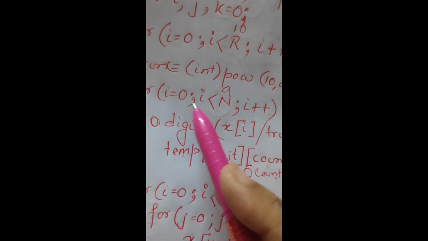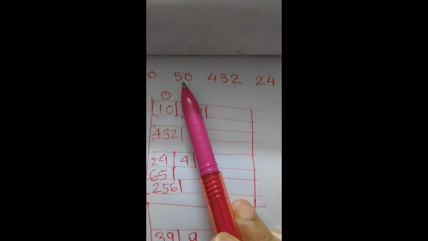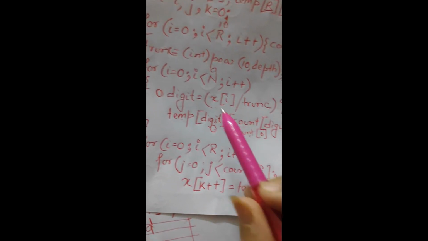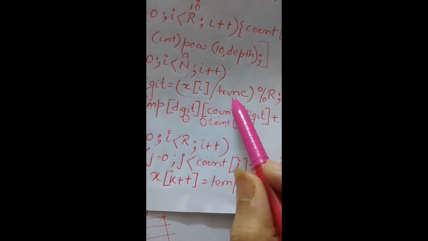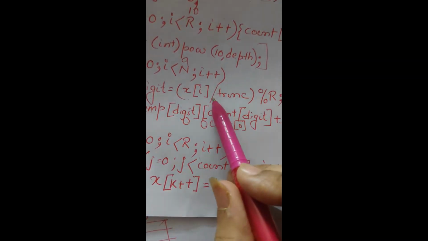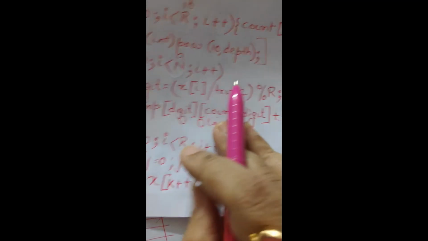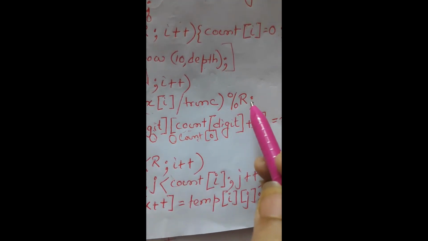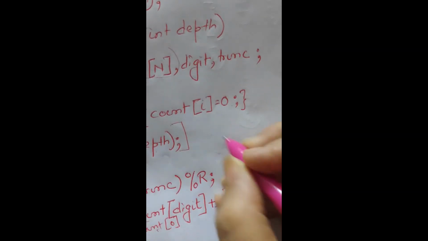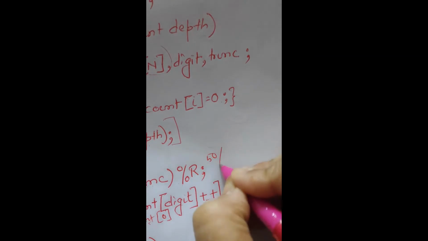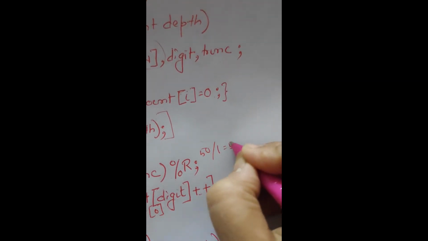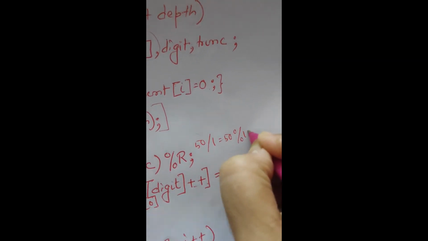When we go back to the next number, what is the next number in the list? The next number in the list is 50. Now when you do over here 50 divided by 1, that is 50, mod 10.